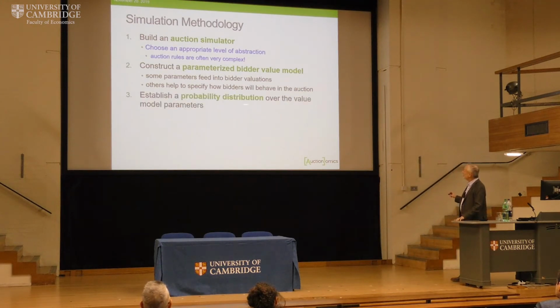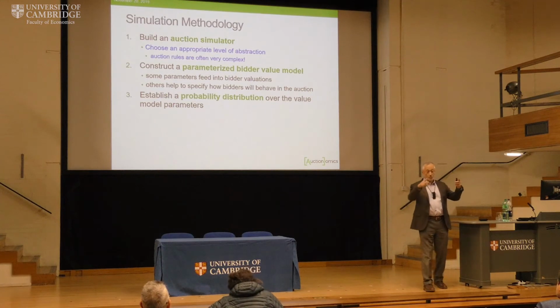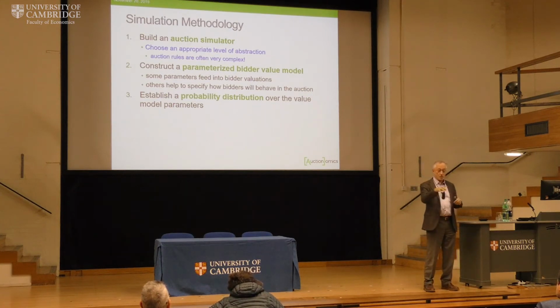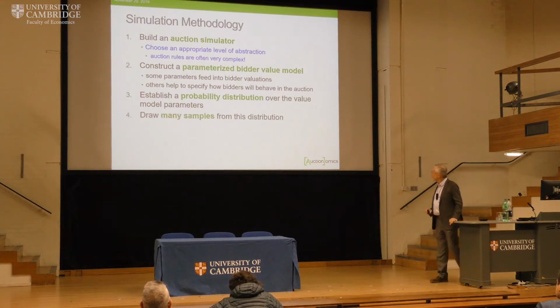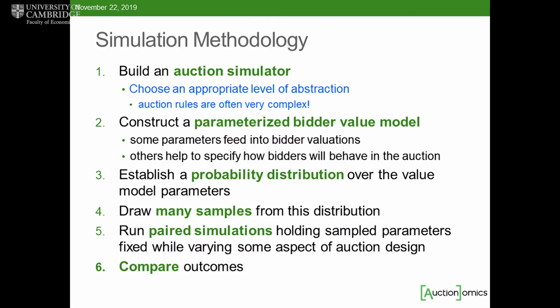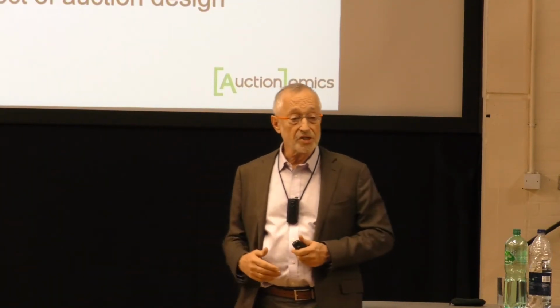And then we establish a probability distribution over model parameters. This is going to be a simulation, and so we used log normal distributions to multiply the parameters of the different stations to reflect the errors in measurement, and draw many samples from the distribution, and then we run paired simulations for any given set of simulated values and simulated participation.